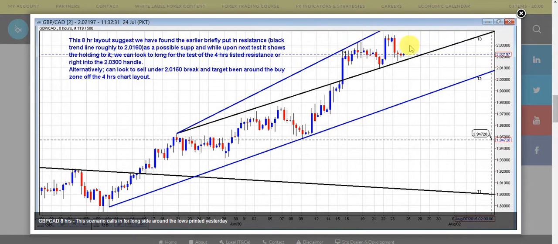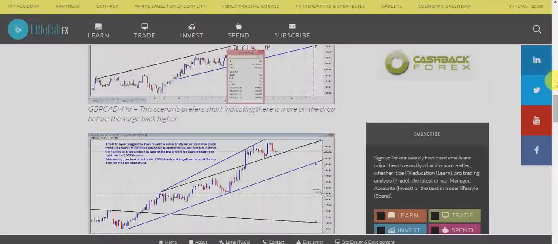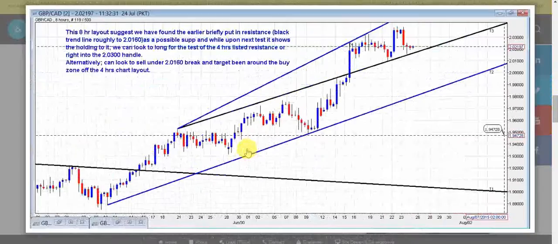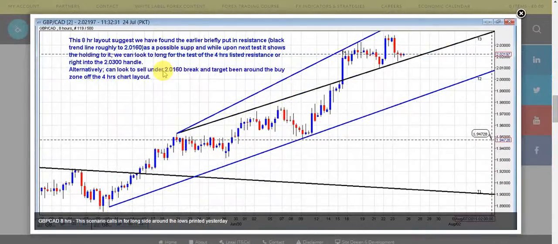The whole idea is that we get a next test out here, and if it fails to break underneath, then we can buy here. We can look to go long for the test of the 4 hours listed resistance.